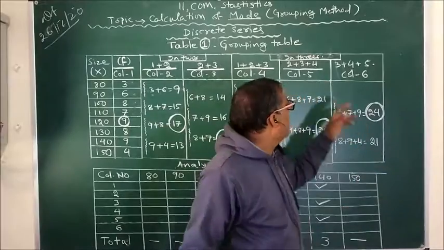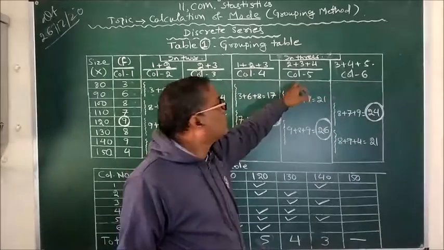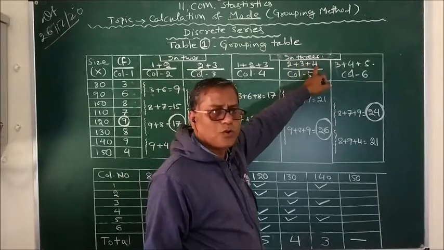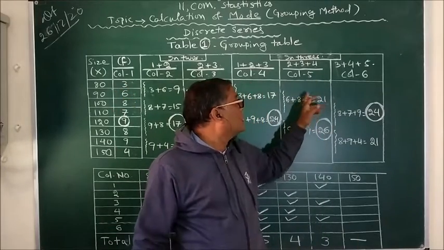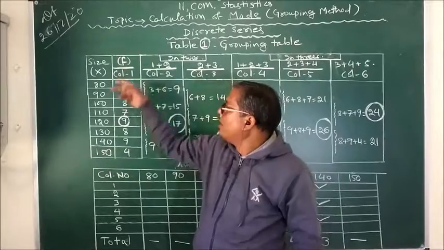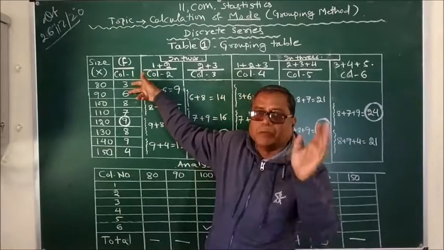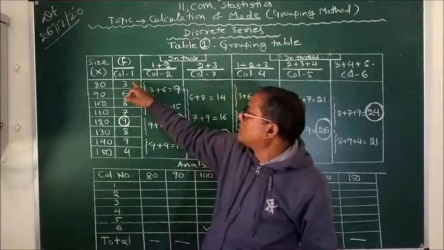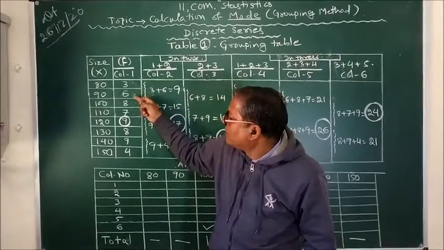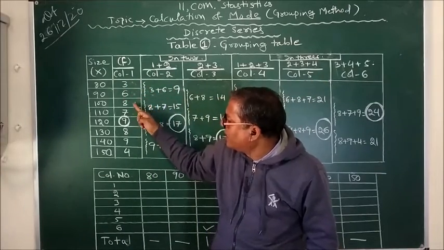Then the second one in 3, that is 2 plus 3 plus 4. So while grouping the 2 plus 3 plus 4 column, what will we make? First 2 frequencies we will leave, 1 and 2. Sorry, 2 plus 3 plus 4, the first frequency we will leave. 3, then 3 is 6, 8, 7.